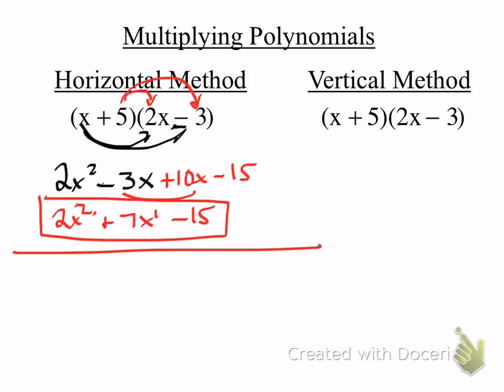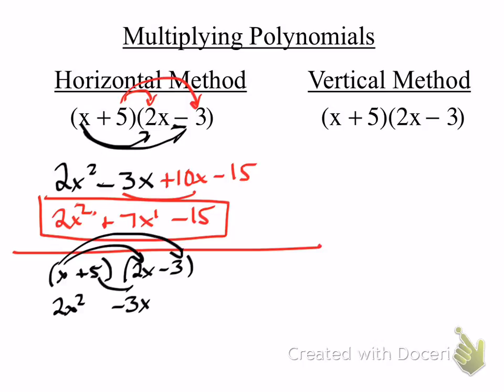You might see me do x plus 5 times 2x minus 3. And I do 2x squared. And then I'm going to do again minus 3x. You might see me do this, plus 10x. I line it up with the like term.